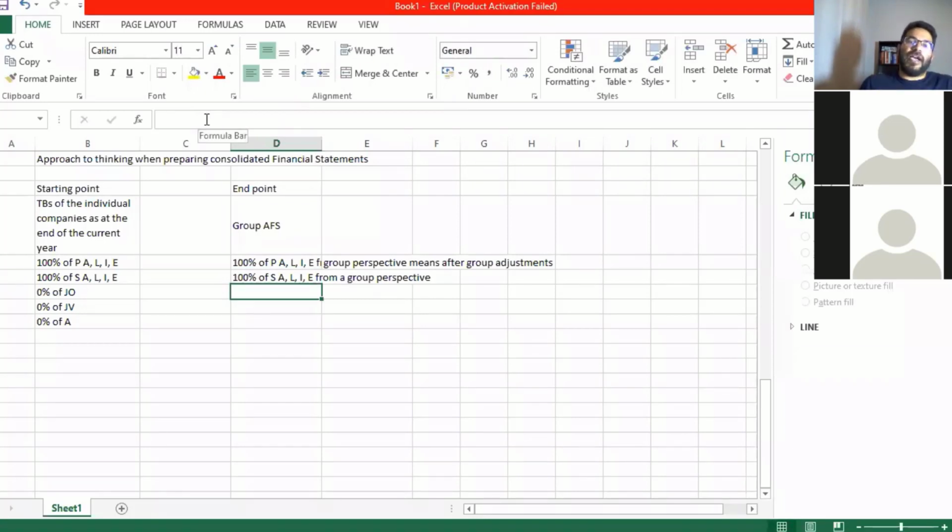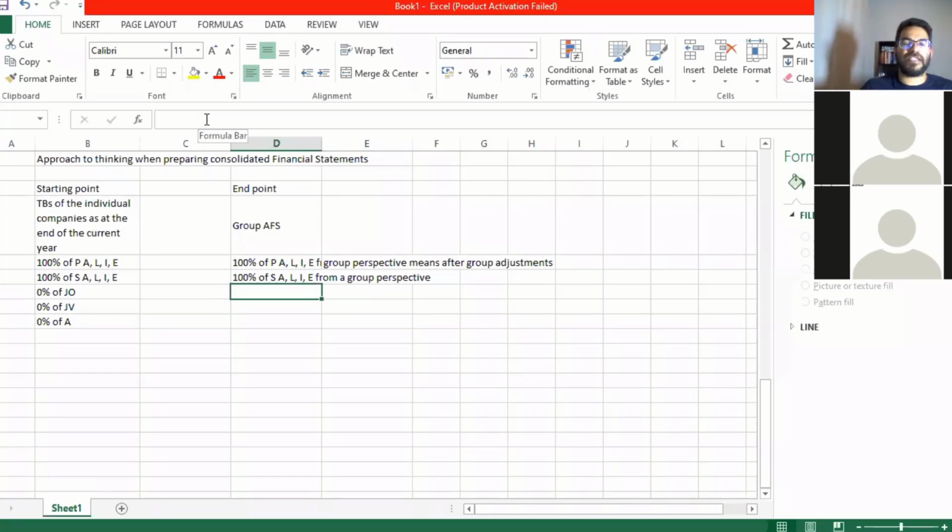Because the group financial statements want 100% of the subsidiary, it makes sense to start off with 100% of the subsidiary, and we just make adjustments for any differences between what the group wants and what the separate financial statements have.